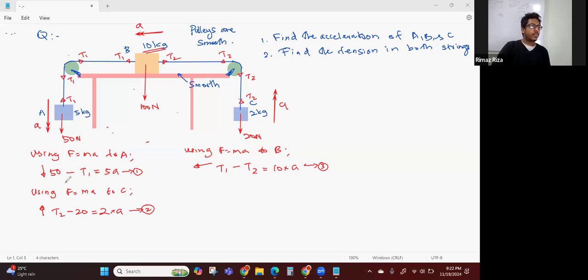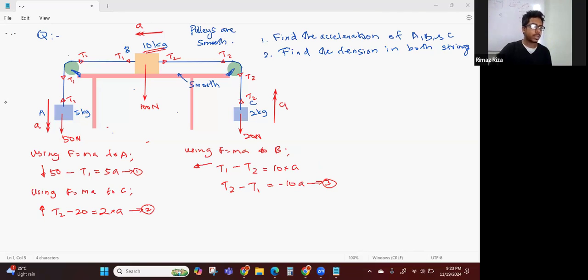First I can add these equations. Here I multiply equation 3 by minus, so I get T2 minus T1 equals minus 10a.